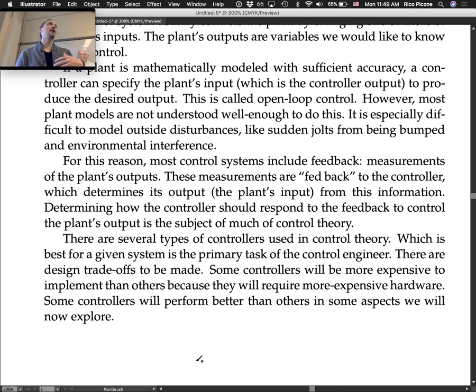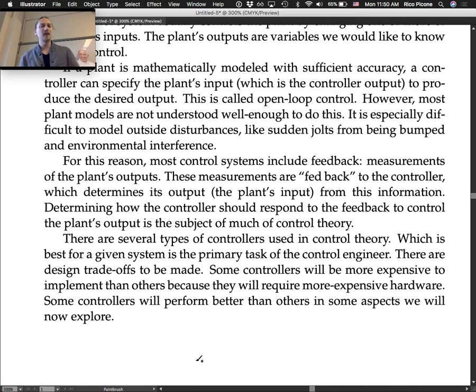It's saying, how do you make a machine do something intelligently? You want this to happen. How do you monitor what's happening, and then command the machine in a way that's effective?